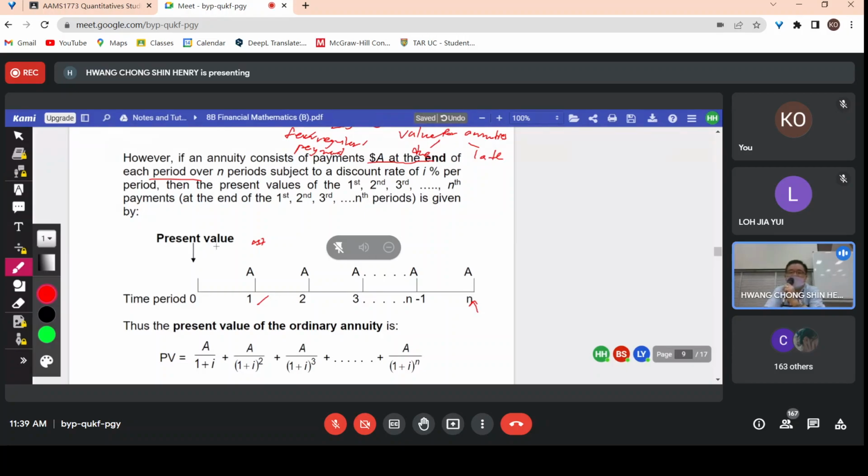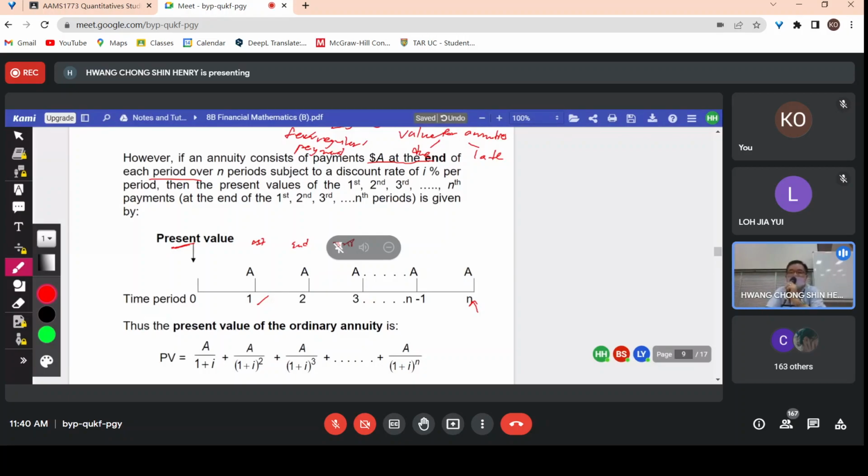Then the question might be to find how much money you need to have now. Again, you receive the payment first time, second time, every time is the same payment A, but it's late, so you start from the end of the month. And then the question asks how much money you need to have now, today, which is your present value.